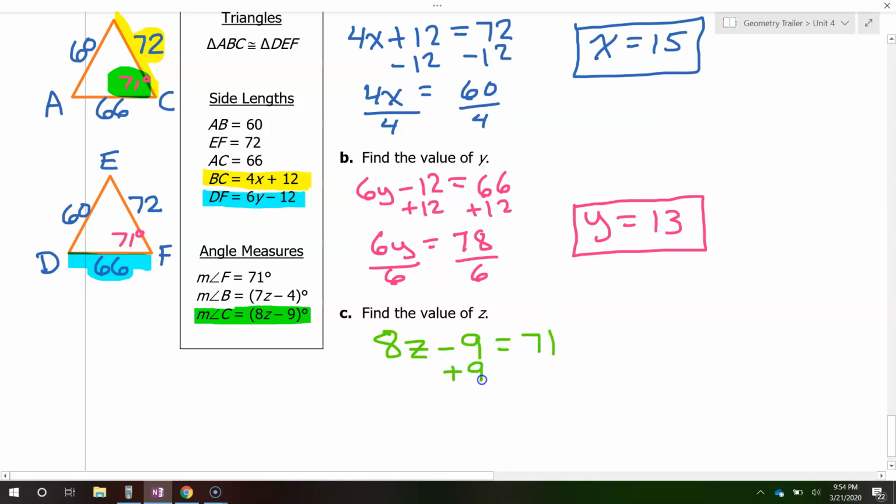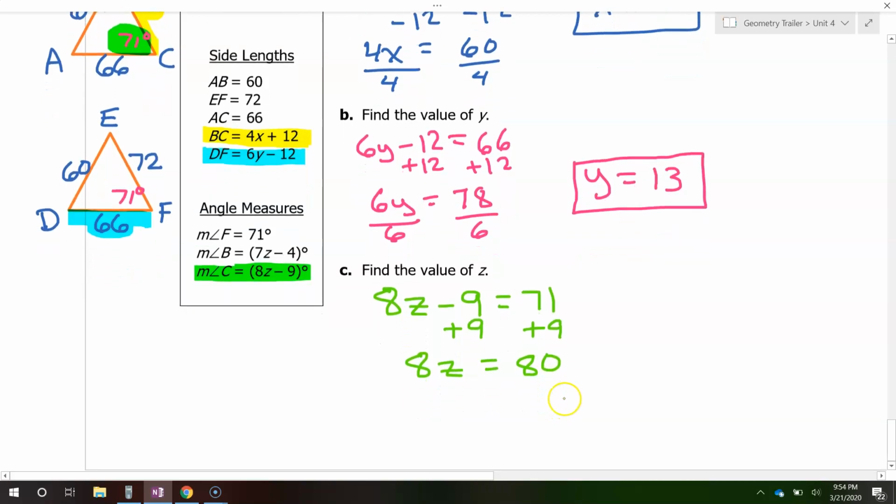So let's add 9 to both sides. And that is very convenient because we get 8z is equal to 80. And then if we divide both sides by 8, we get z is equal to 10.